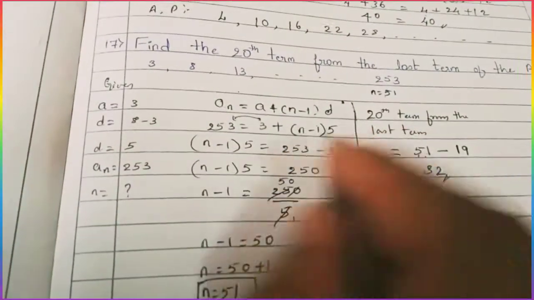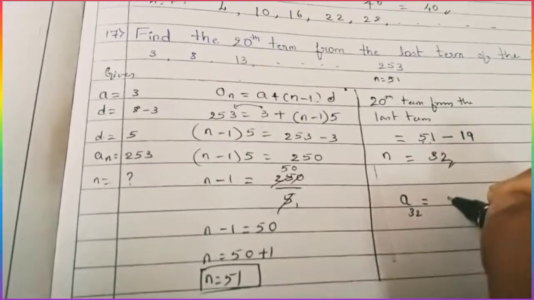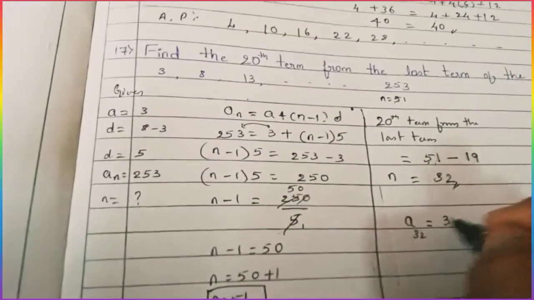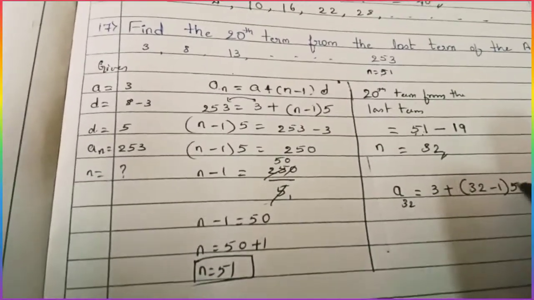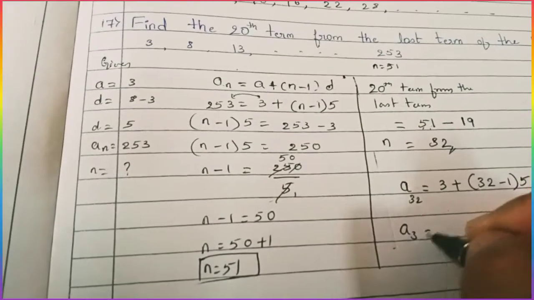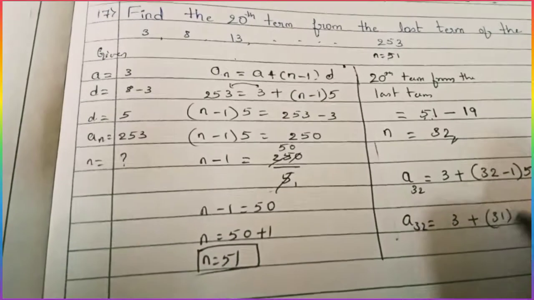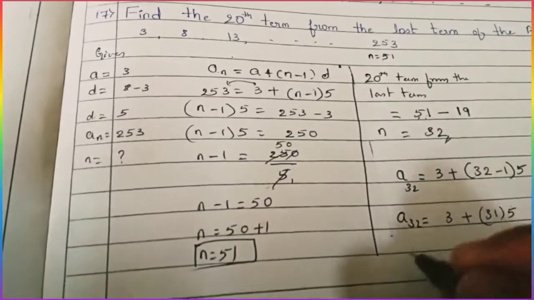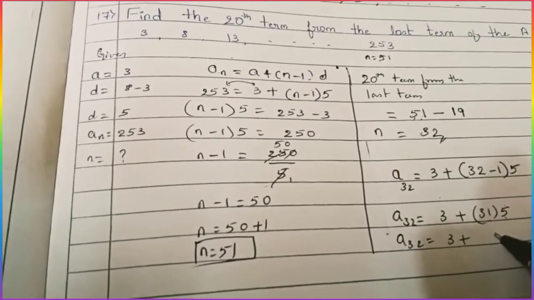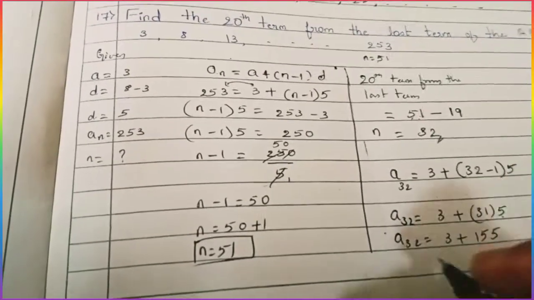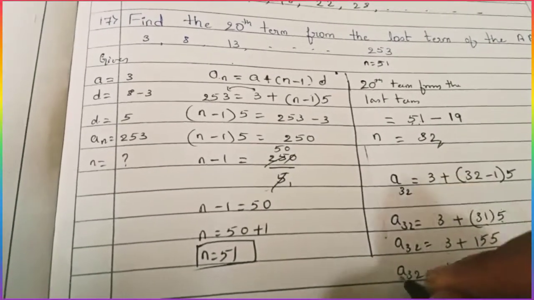Once again, we will use the same formula. So a32 is equal to a, that is 3, plus (n minus 1), that is 32 minus 1, into d, that is 5. a32 is equal to 3 plus 31 into 5. a32 is equal to 3 plus 155, so 158.